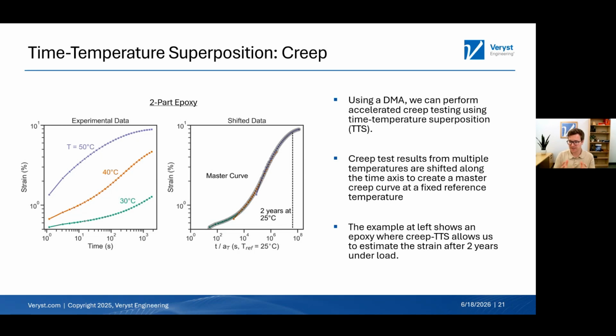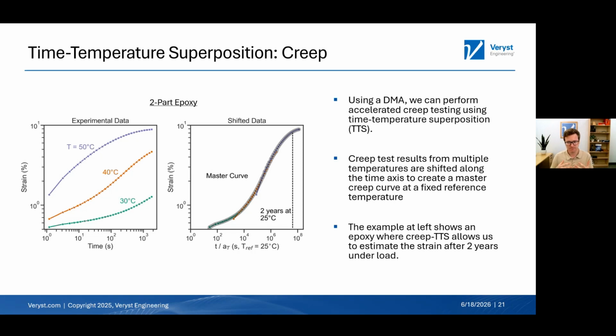And so using this accelerated testing, which is done within even just a few hours, to be able to make predictions, even though it's a model of the material behavior that's going to be in some way inaccurate. But it's very helpful to try to understand, in this case, at 2 years, we're expecting about 8% strain or something along those lines.